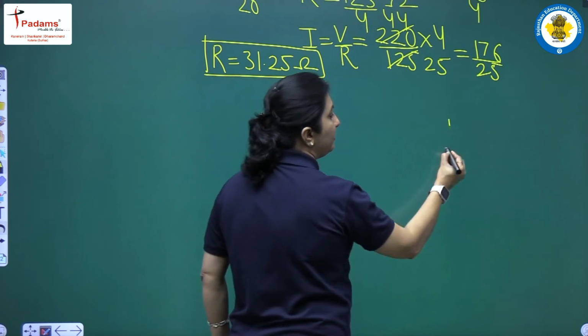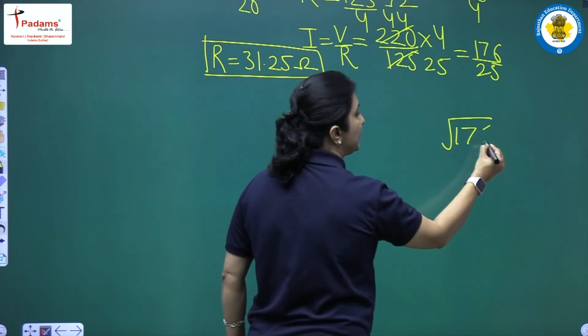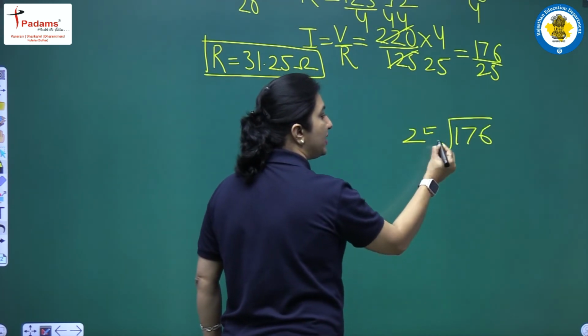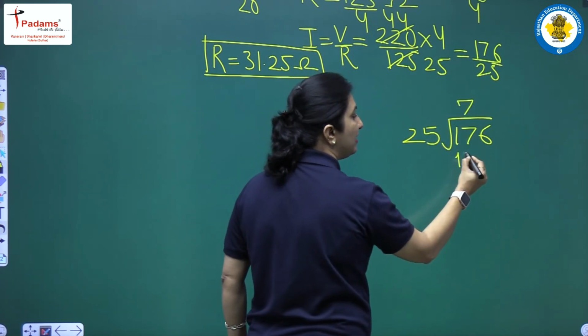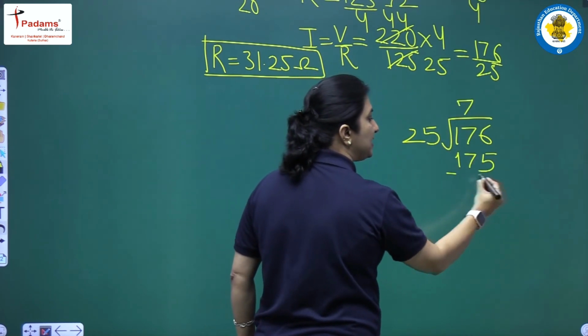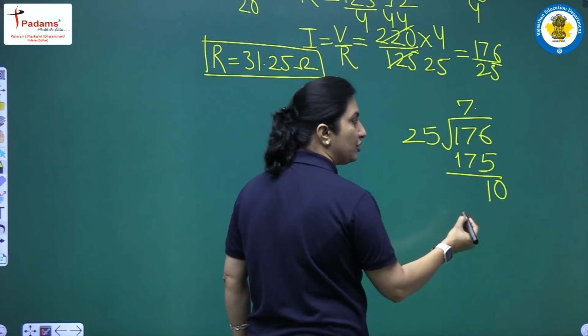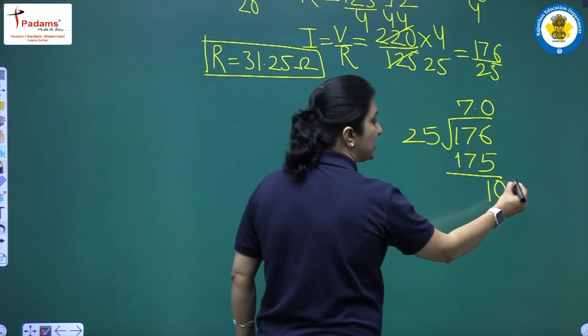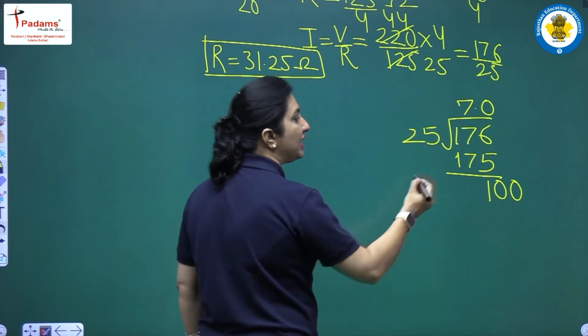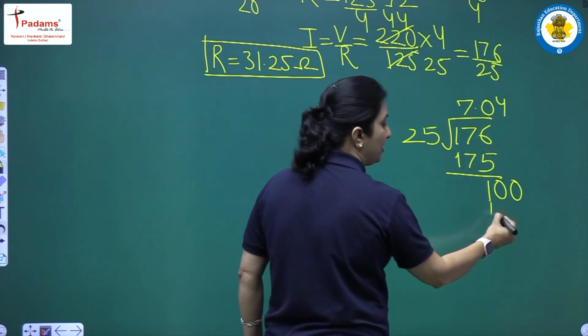So on dividing 176 by 25, 25 sevens are 175. So I am left with a 1. On putting a decimal, I'll have a 0 over here. Again, I'll put a 0. So I'll have a 100. So 25 fours are 100.